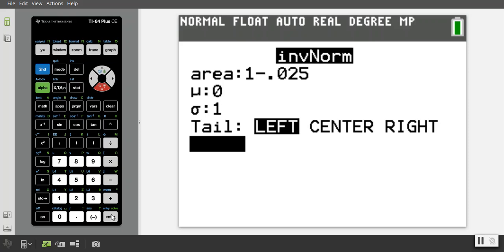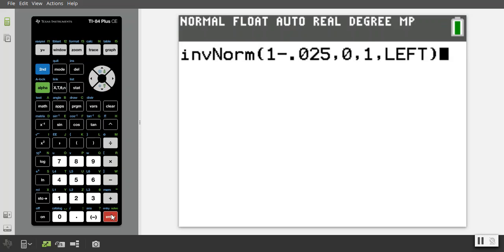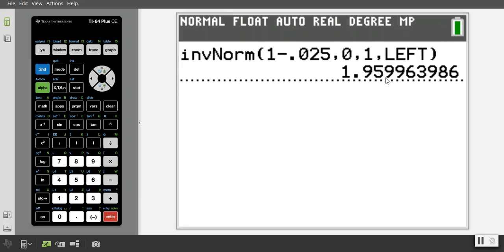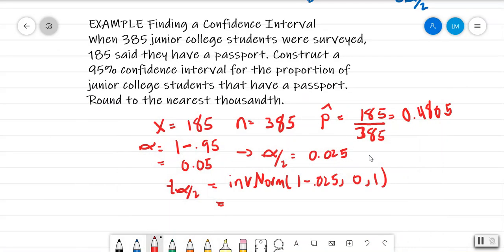Okay, now if we do this, it gives us approximately 1.96. So we have that this is going to be 1.96.